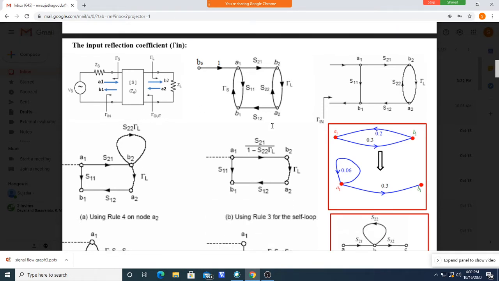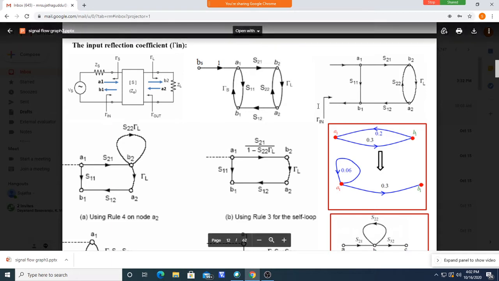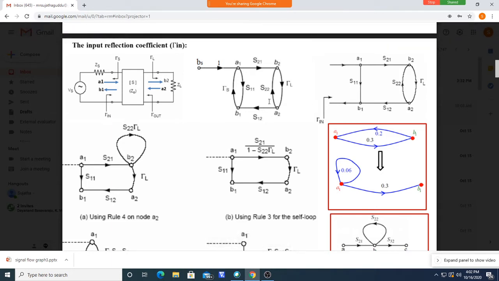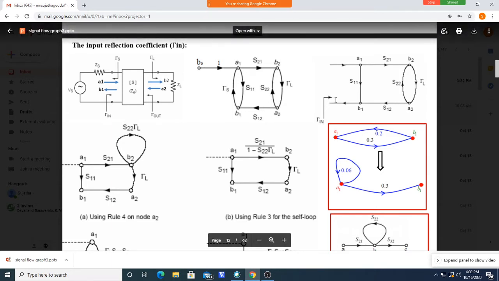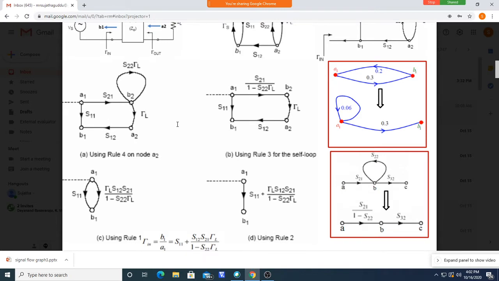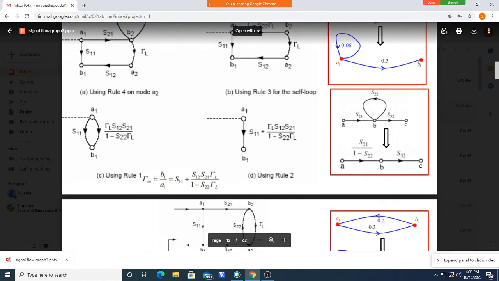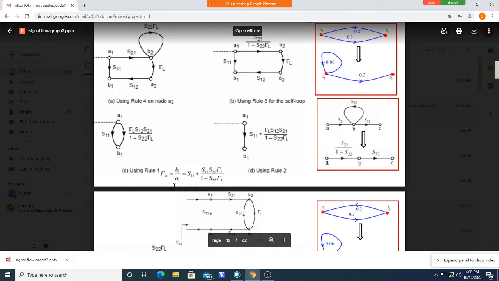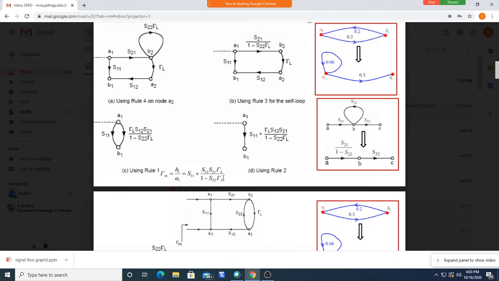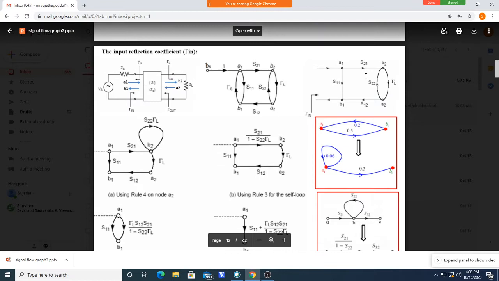Using signal flow graph reduction rules, we can obtain expressions for tau in and tau out. Tau in is the ratio of b1 by a1, which you can easily obtain from this signal flow graph as we discussed in the previous class.